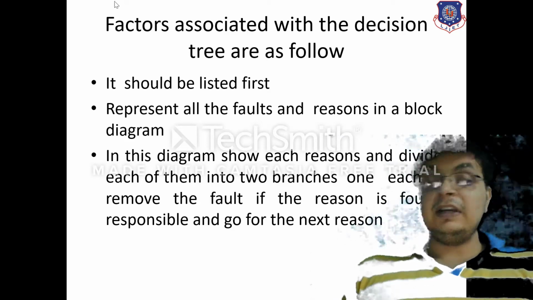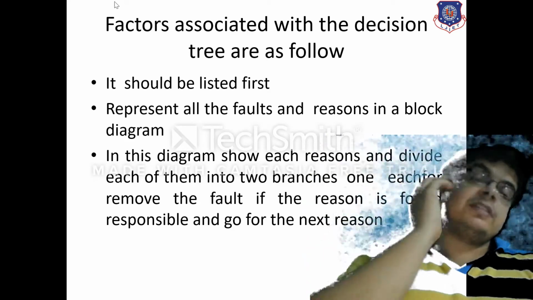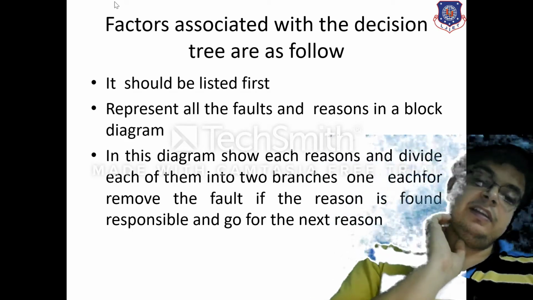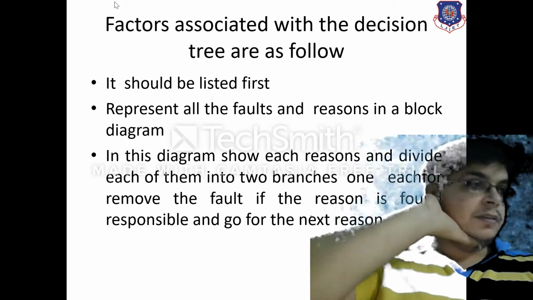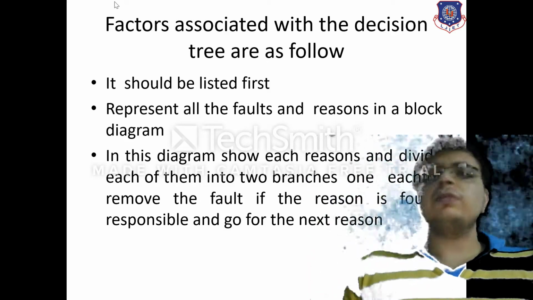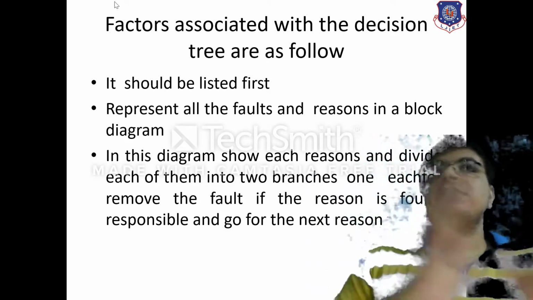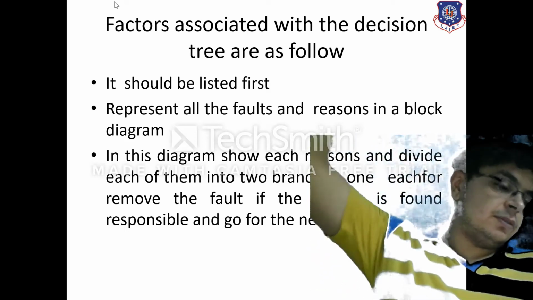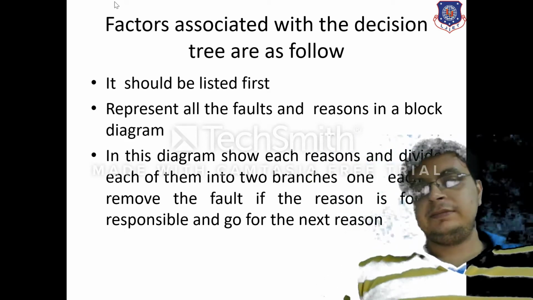Basically all the faults or reasons that are causing the problem should be listed, and the solution should also be listed in the decision tree diagram, so that we can know that all the faults can be solved by the method.